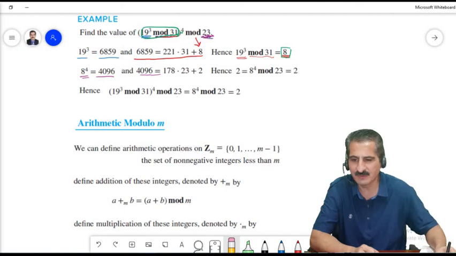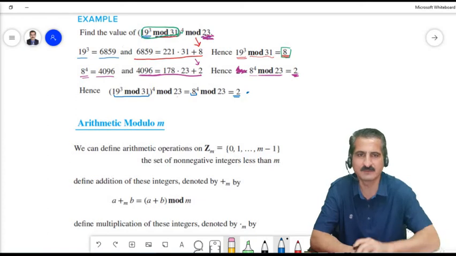I will give this purple, and this purple, and then this is the remainder. 8 to power 4 divided by 23, we get 2. So what we got here, if we go back, this is replaced by 8 to power 4, which is 2. Okay, we got it.